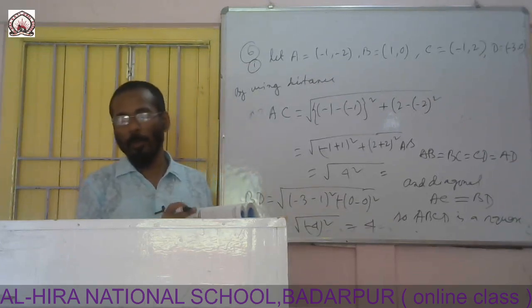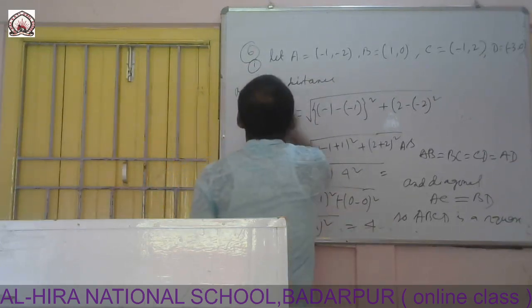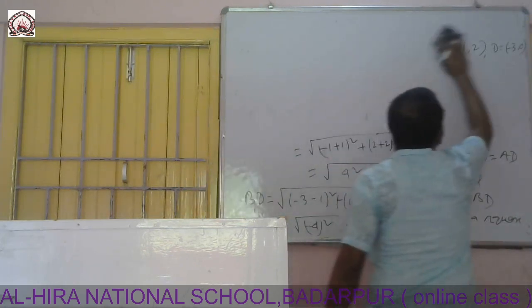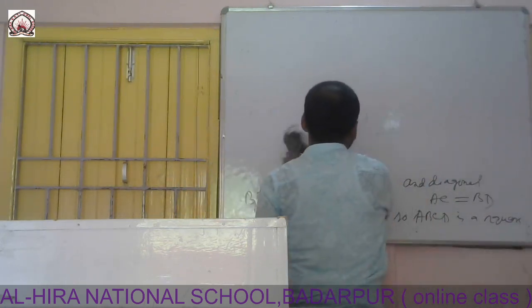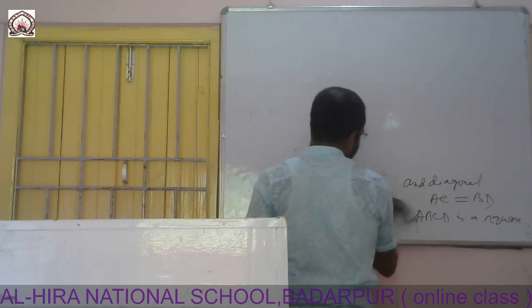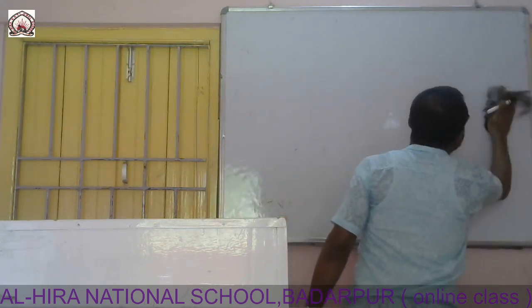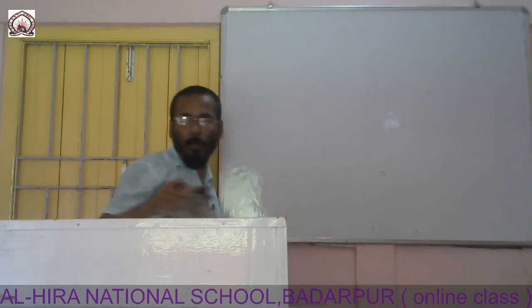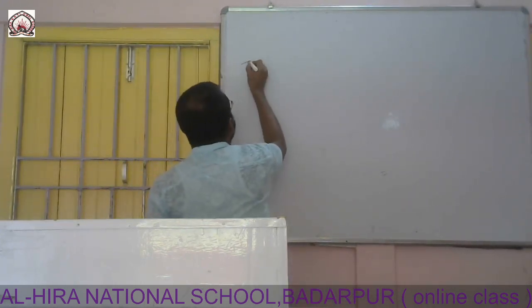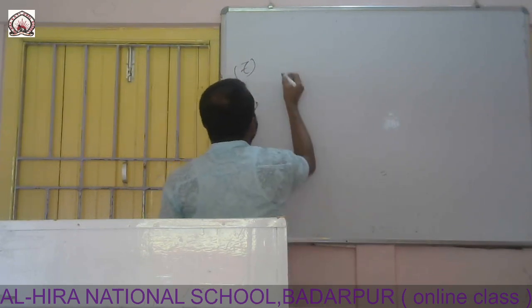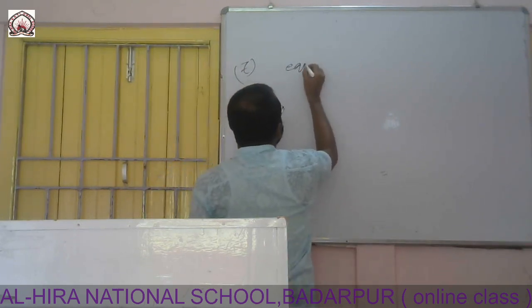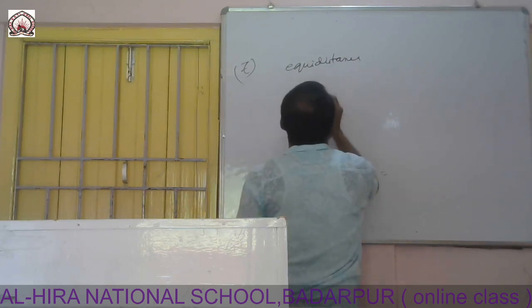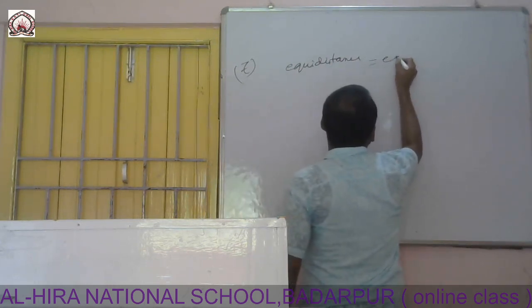So question number 7 you write, equidistant means equal distance.